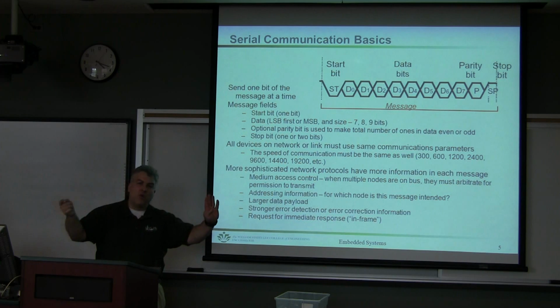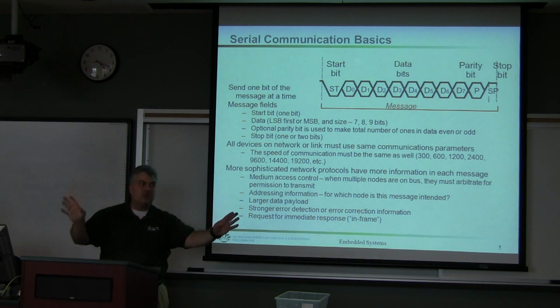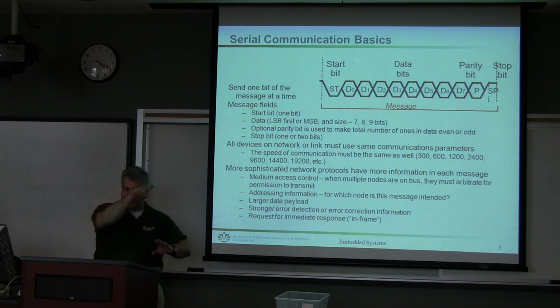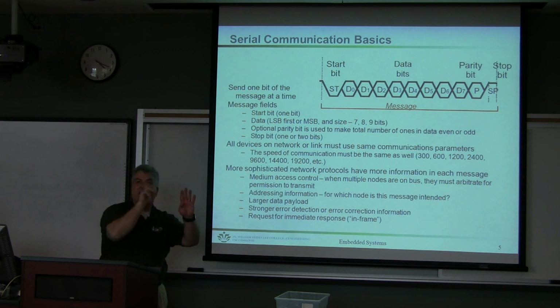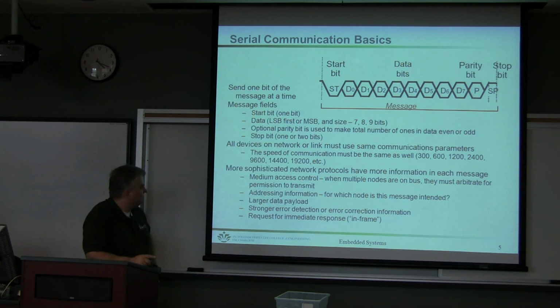And so if one is sending data at a certain speed and the other is expecting it at the same speed, but its clock is a little bit different, eventually a bit it thinks is being sent is just ignored, because it's not running fast enough to collect it. I'll show an example of this in a second.